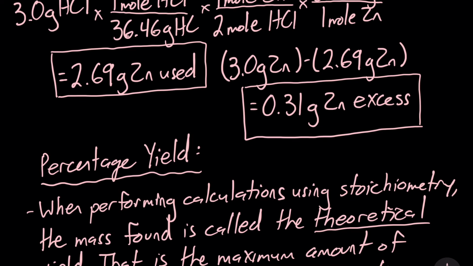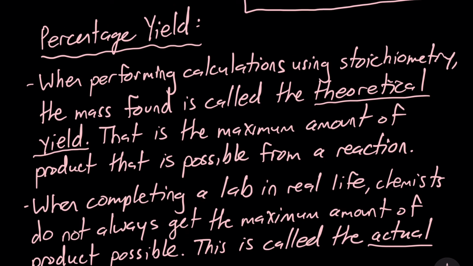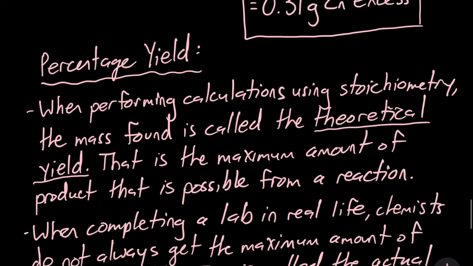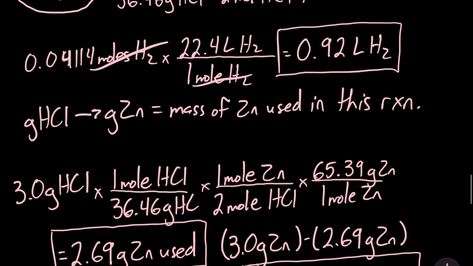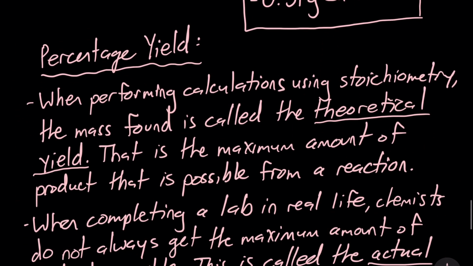Okay. We just have one more little portion here in this video, that's percentage yield. So when performing calculations using stoichiometry, the mass found is called the theoretical yield. So what we found while doing all of these questions is the maximum amount of product that can be produced from these reactions.